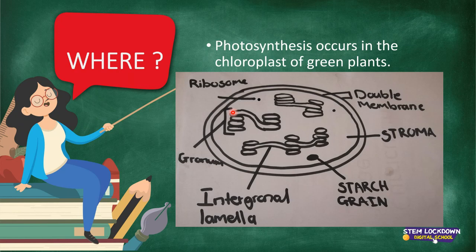Okay, so firstly, the double membrane allows water and carbon dioxide to enter easily. We say it is permeable to water and carbon dioxide. Then the grana contain chlorophyll to trap sunlight.